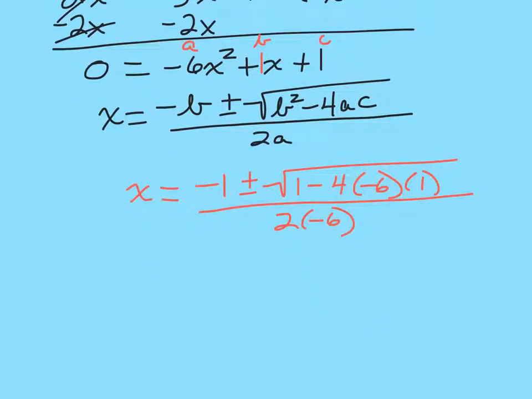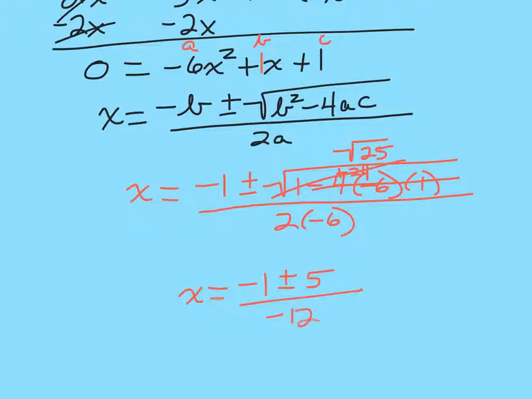Okay. Well, let's do some simplifying over here. Negative 4 times negative 6 would be 24. Times 1 would be 24. So this part goes to plus 24. And 1 plus 24 would be 25. And the square root of 25 would be 5. So I got negative 1 plus or minus 5 over negative 12.